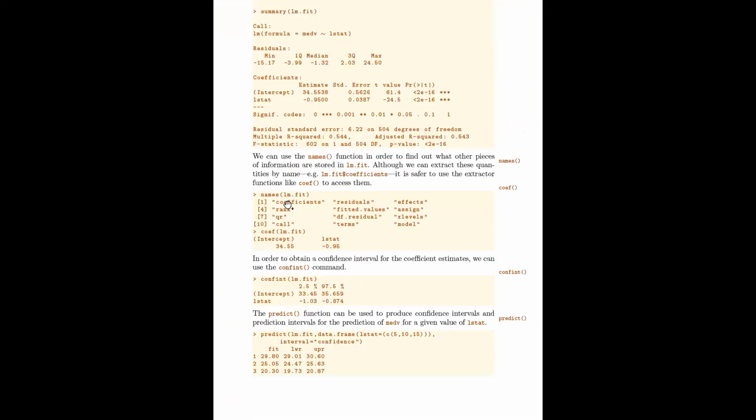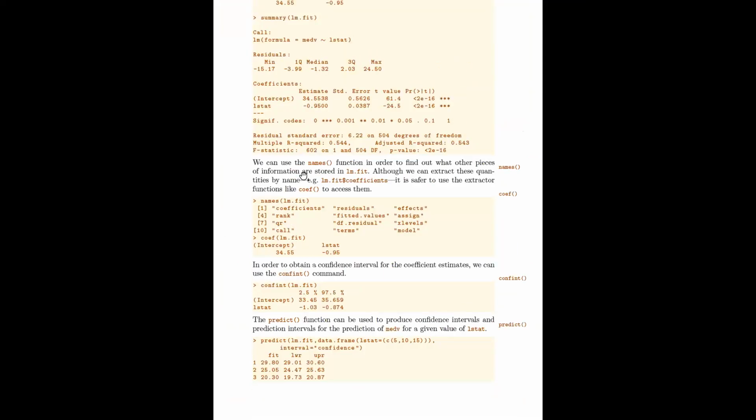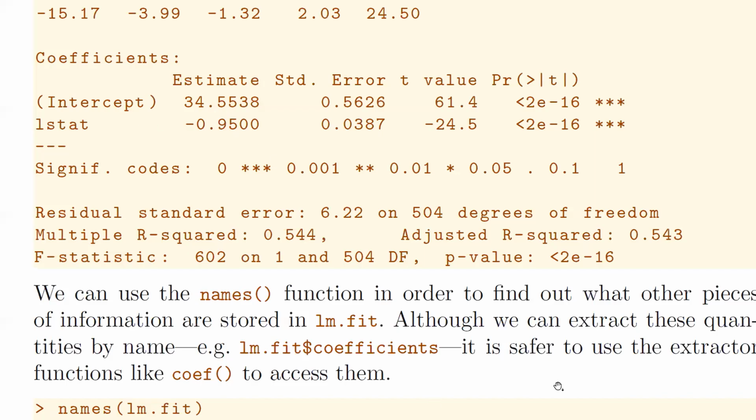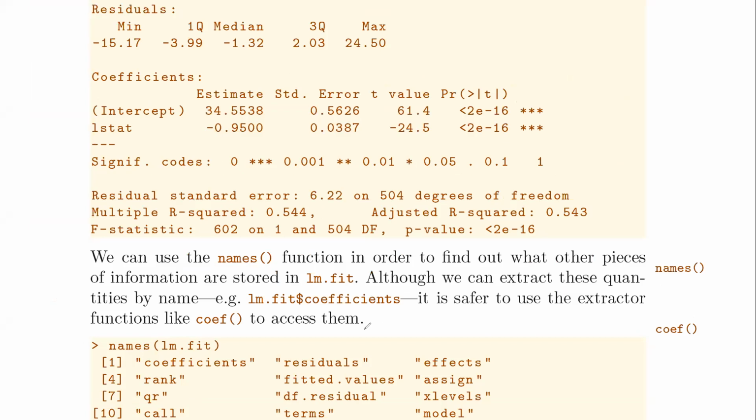So you've estimated a beta naught and a beta 1, meaning your y hat is 34.5538 plus, or in this case minus, 0.95x.